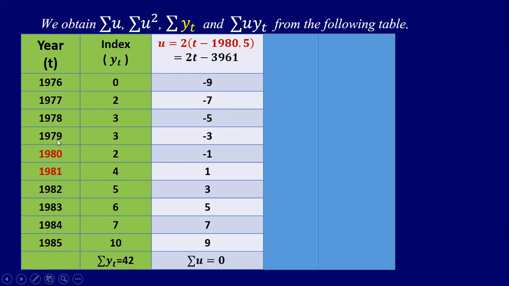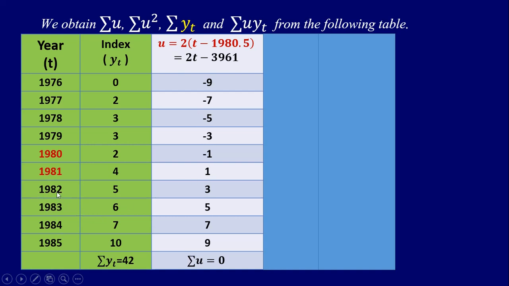Now for 1980, we substitute 1980 here. 1980 minus 1980.5, we get minus 0.5. Now minus 0.5 into 2, we get minus 1. Now the next value, we substitute 1981 here. 1981 minus 1980.5, we get 0.5, a positive value. 0.5 into 2, we get 1. So we write here 1.